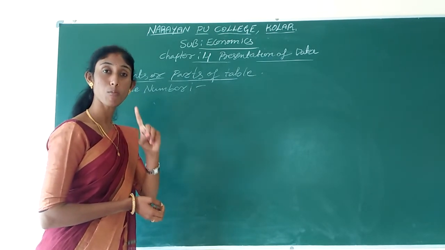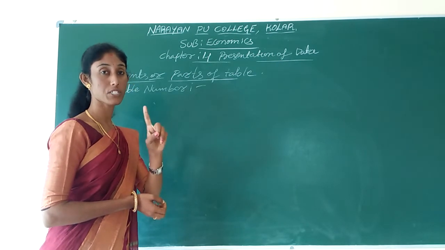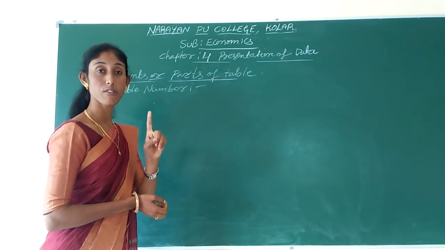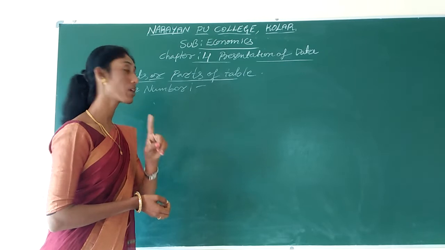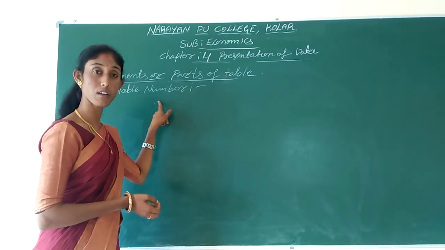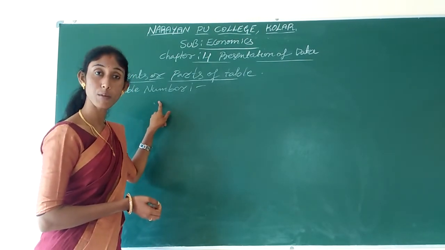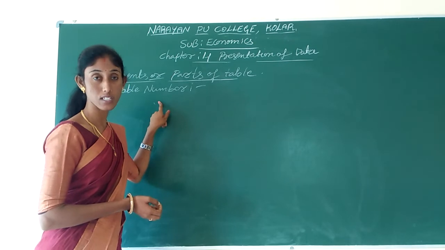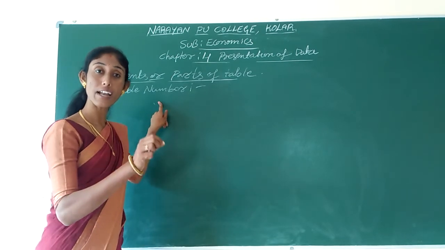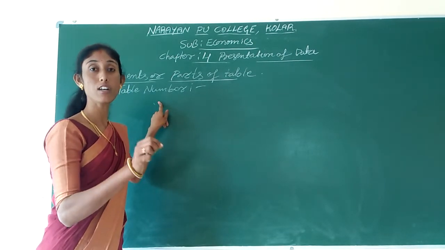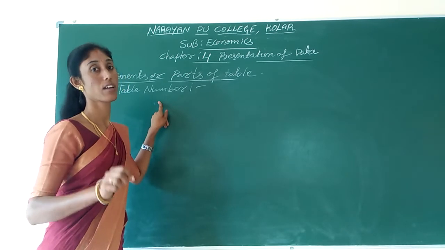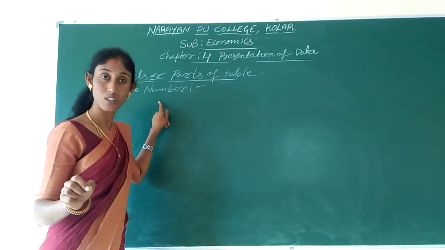First and foremost we need to mention a table number. Why do we need to give a table number to each table? For the easy identification of a particular table related to a data. Got it?